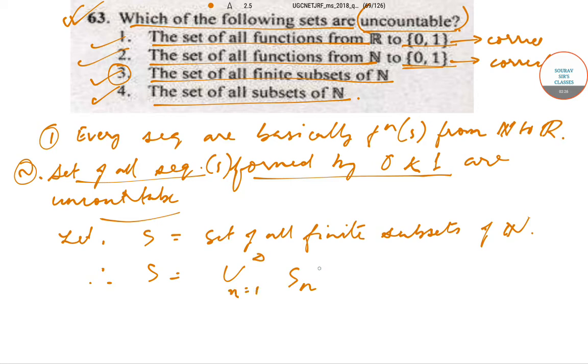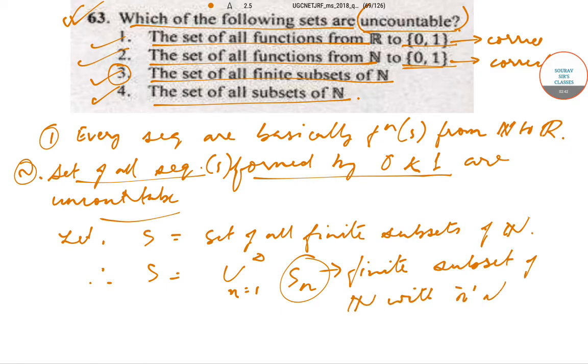Now you might be wondering what is Sn? This Sn is basically nothing but the finite subsets of N with small n elements.